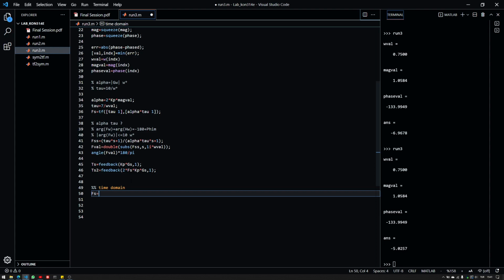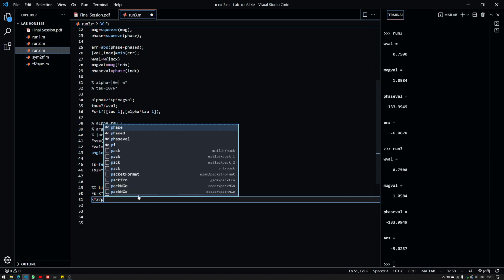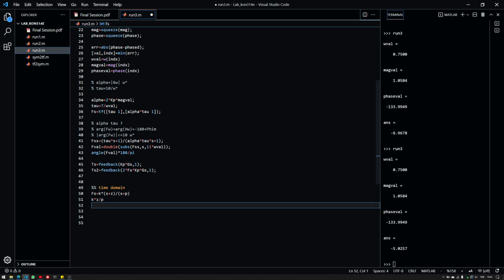In the time domain, we will most practically use K times s plus z divided by s plus p, and you can get rid of this K. Now in the steady state, this becomes K times z divided by p. So it's really not necessary to provide any K, because you have z divided by p.